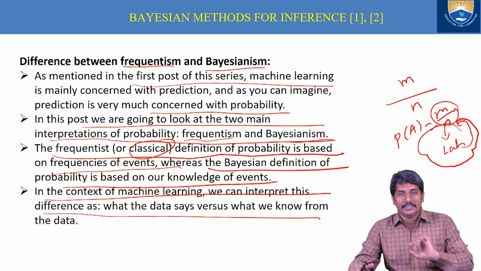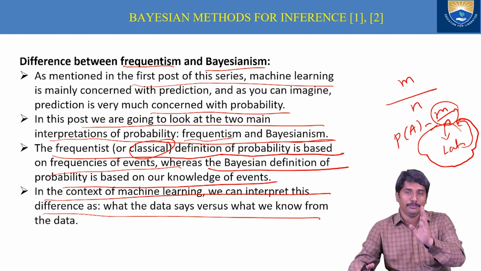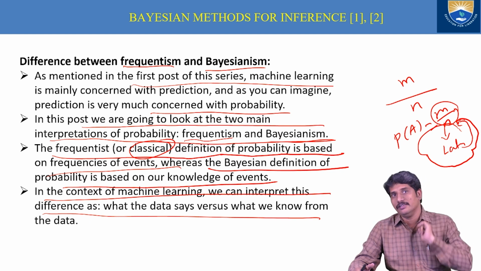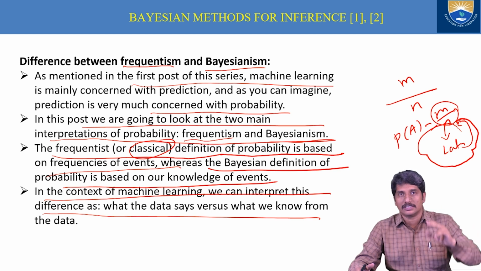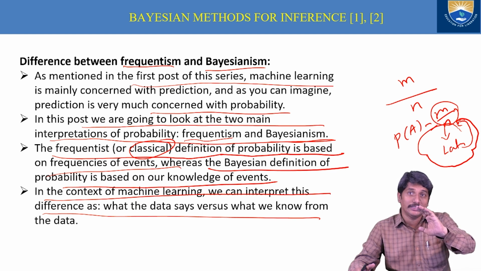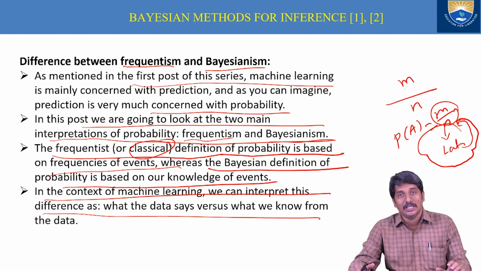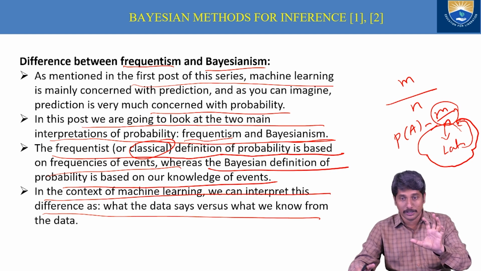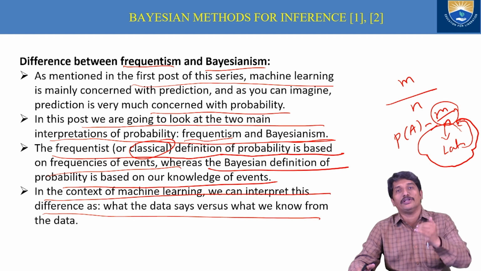When you read the lines, it may give one meaning, and if you apply your analytical skills and past experience, then you will understand the original meaning of the lines. So what the data says will be less helpful, but what you know from the data will be more helpful.